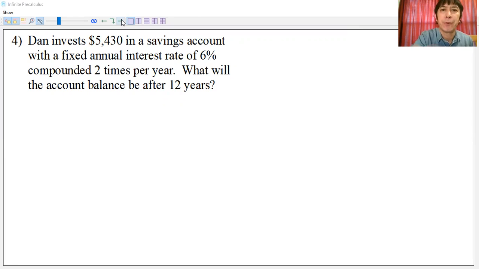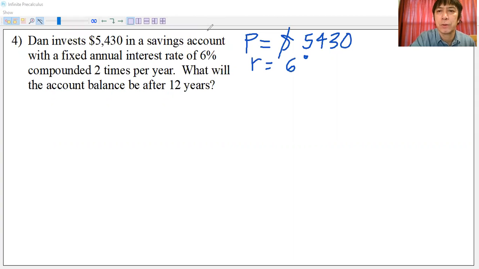All right. So we have the given P. This is 5,430, interest rate of 6%. That's in decimal 0.06. And 2 times per year.